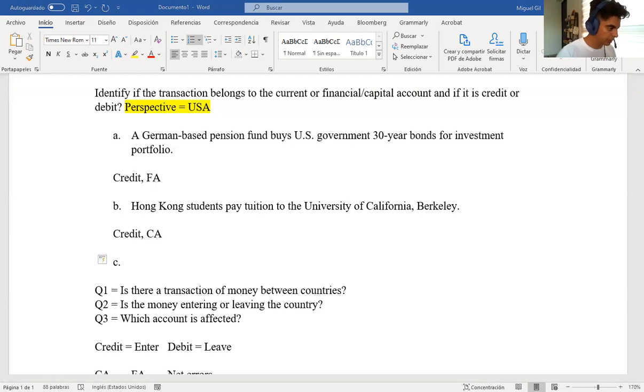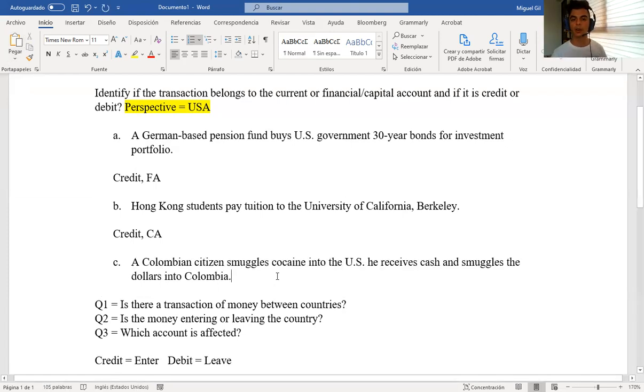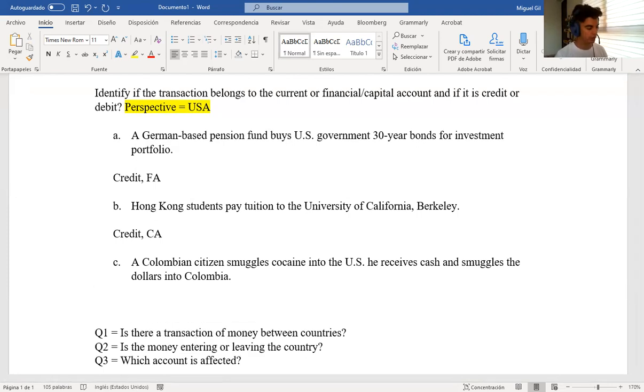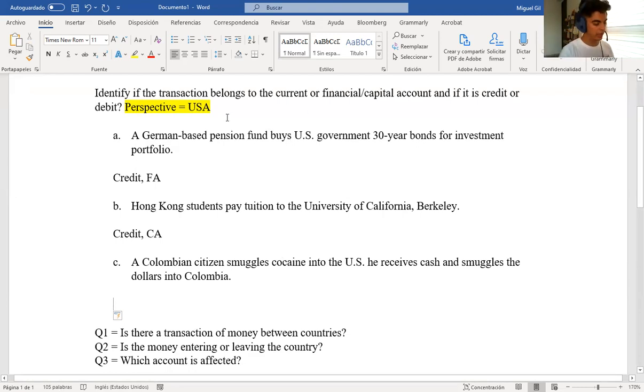Finally, I think here I have another interesting example. It says a Colombian citizen smuggles cocaine into the US. He receives cash and smuggles the dollars into Colombia. So is there a transaction of money between countries? Yes, right? Is the money entering or leaving the country? Which country? The US. It is leaving the country. We can say that it is debit.